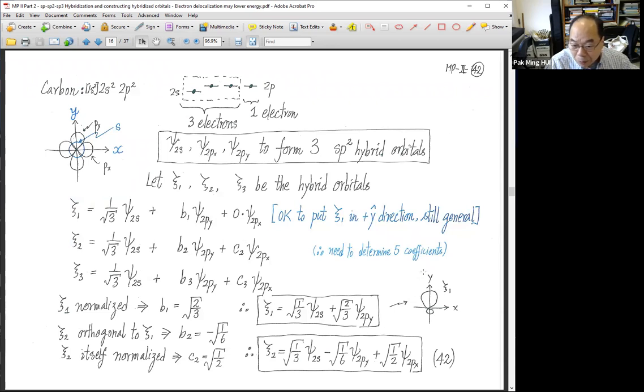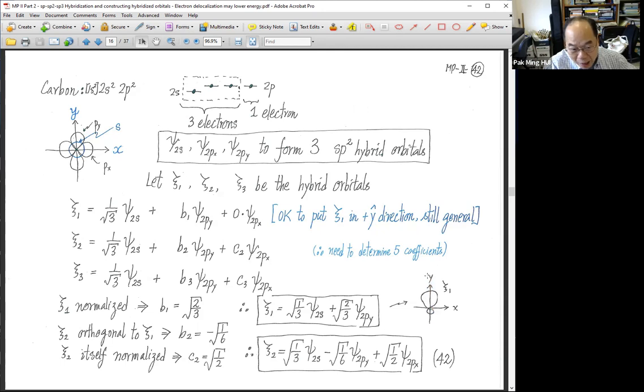I would like to put one of them on the XY plane to be along Y. Now that is arbitrary, because wherever you put it, I rotate the XY axis and call that Y. So that is without loss of generality.